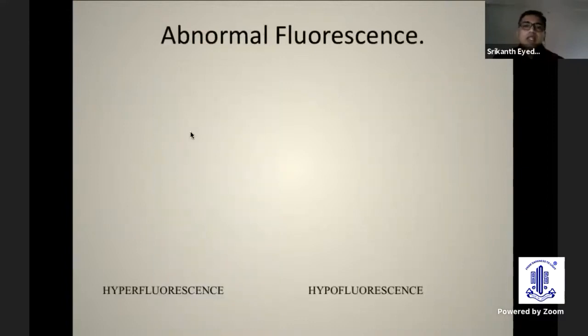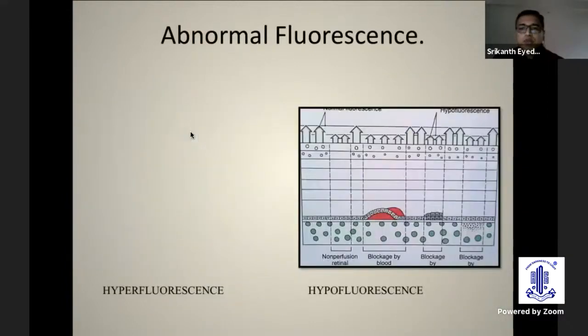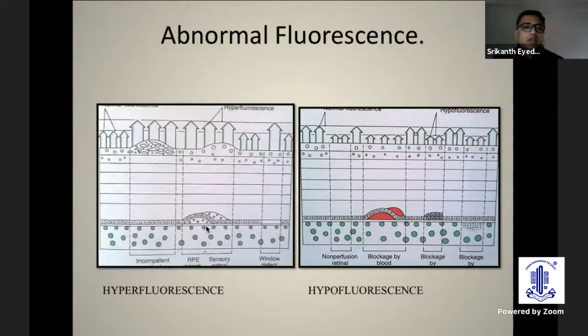Abnormal fluorescence is further divided into either a hypofluorescence or a hyperfluorescence. Hypo is, as the name suggests, where the fluorescence from either the retinal vasculature or the choroidal background flush is blocked, either due to presence of blood clots or pigments or any other lesion that is not allowing us to view the choroidal fluorescence, or the overlying clot that is blocking the normal choroidal fluorescence, or hyperfluorescence, where there is increased visibility of the choroidal fluorescence, or there is abnormal leakage from an abnormal structure.